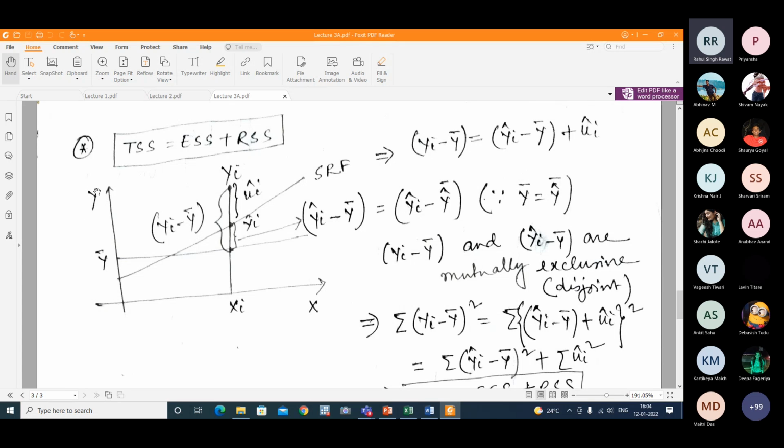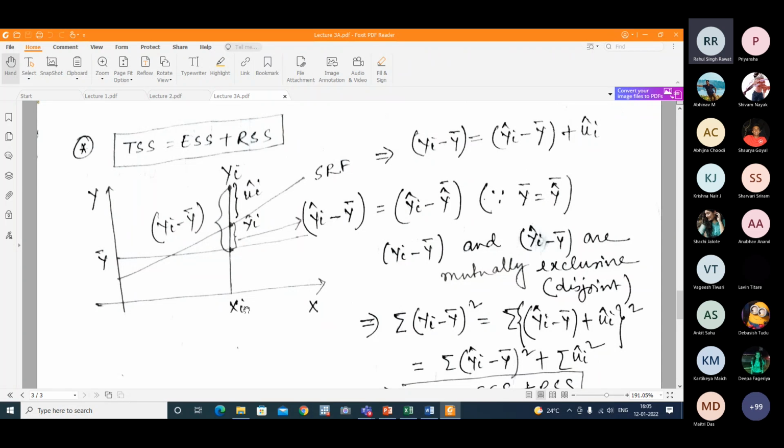Suppose along the vertical axis we are measuring Y and along the horizontal axis we are measuring X. And this horizontal line basically represents Y bar. Now, corresponding to a particular value of X, this is the actual observation of Yi. And suppose this is the sample regression function.